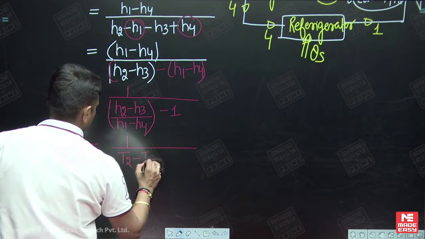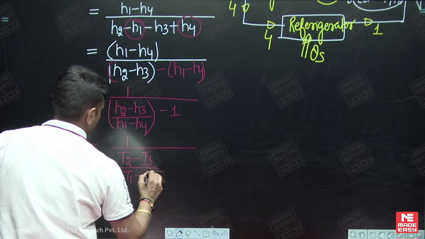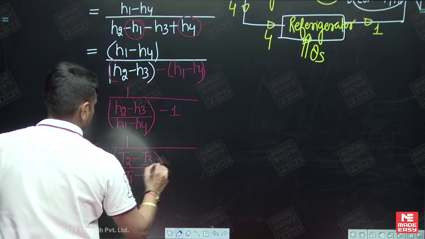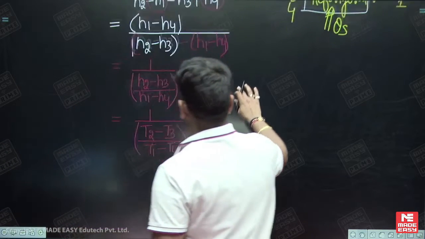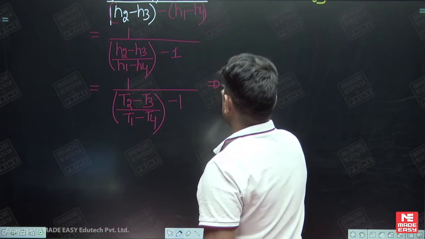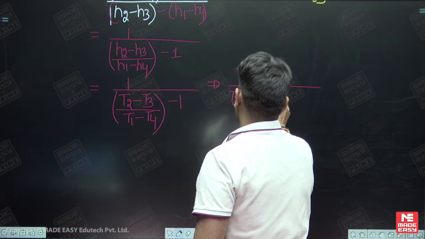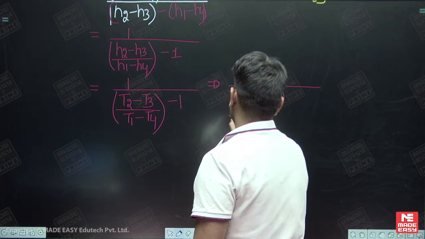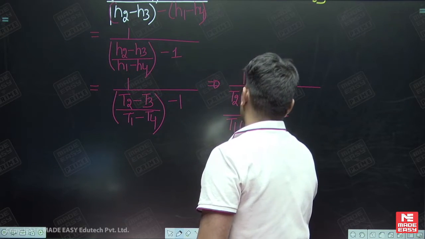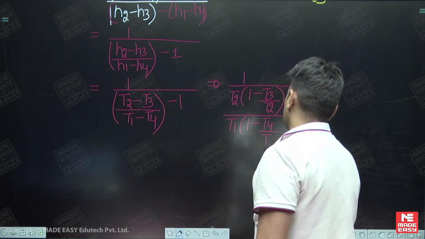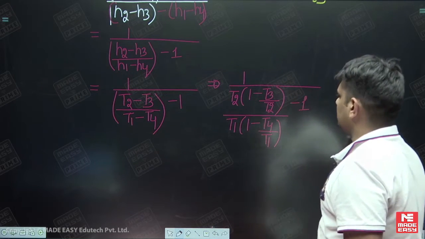So that is T2 minus T3 upon T1 minus T4 minus 1, okay. So take anything common, either T2 or T3. So 1 minus T3 upon T2, okay, and take T1 as a common. So 1 minus T4 upon T1 minus 1, okay.